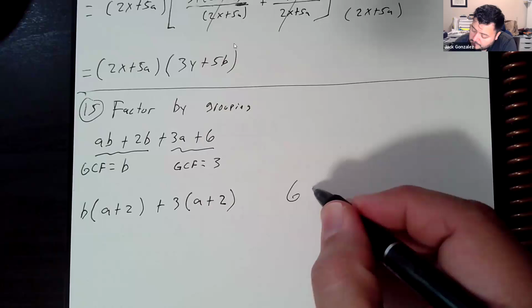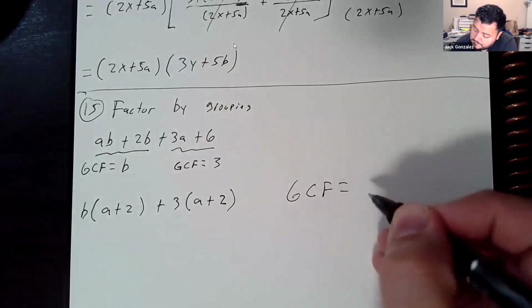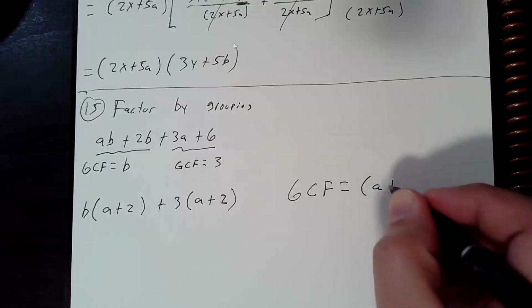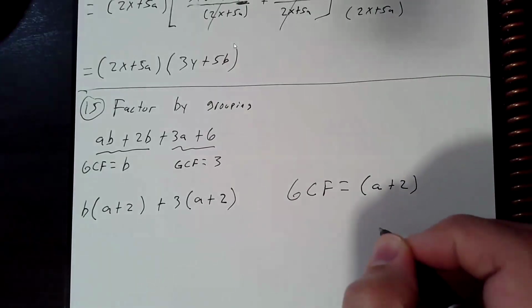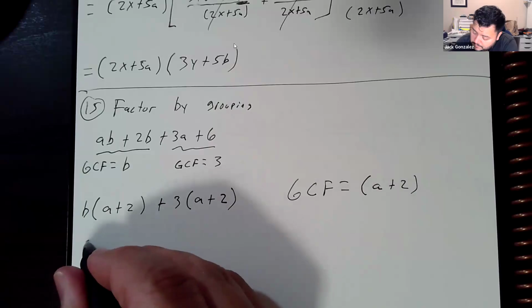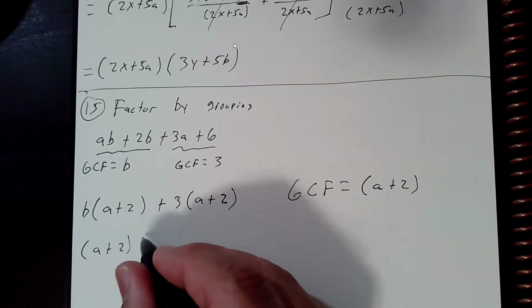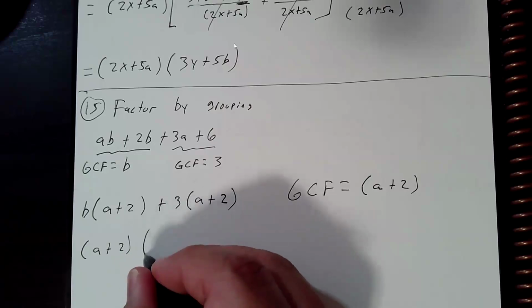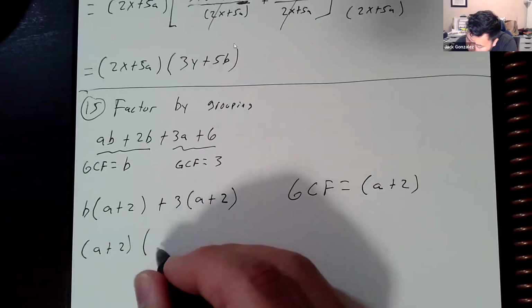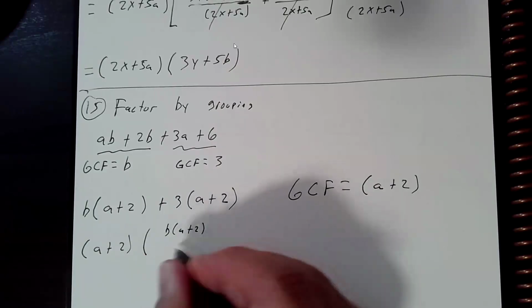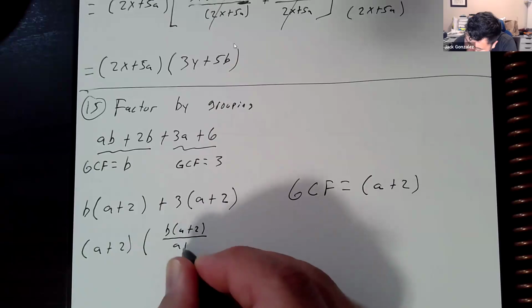What's the GCF of both of these terms? A plus 2. Since they both have it in common, then we factor it out. A plus 2, B plus 3. Yeah, it'll end up being B plus 3. But I'm going to show my work one more time. Divide this out.